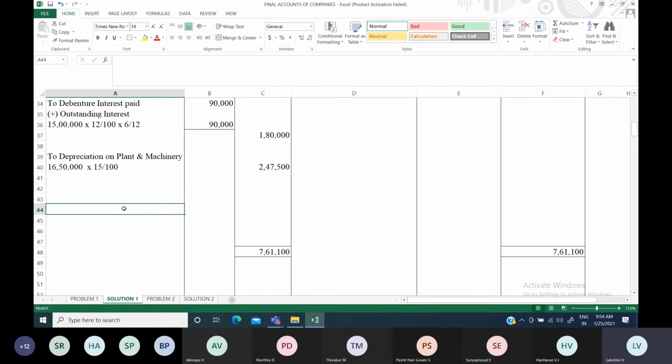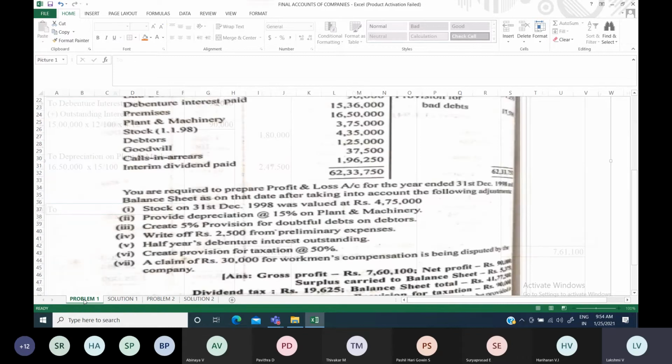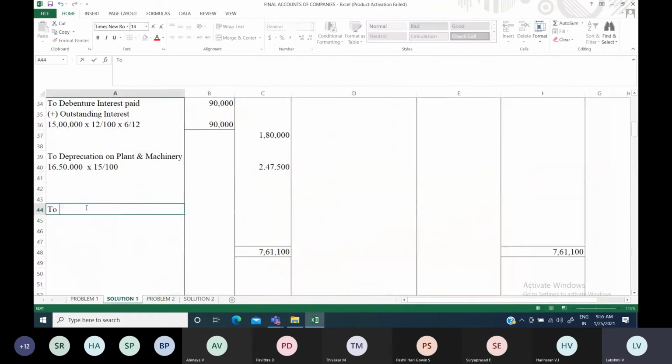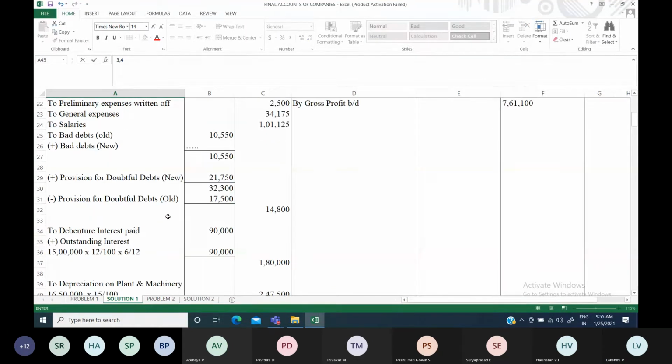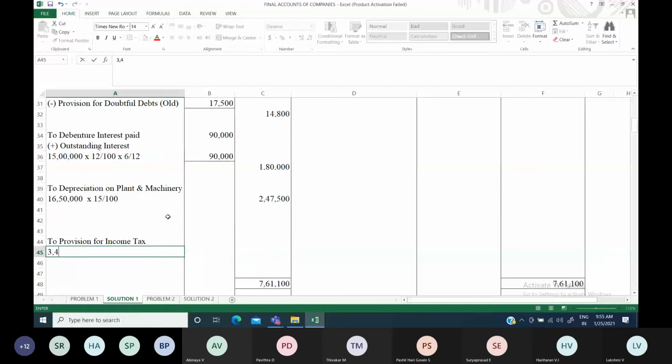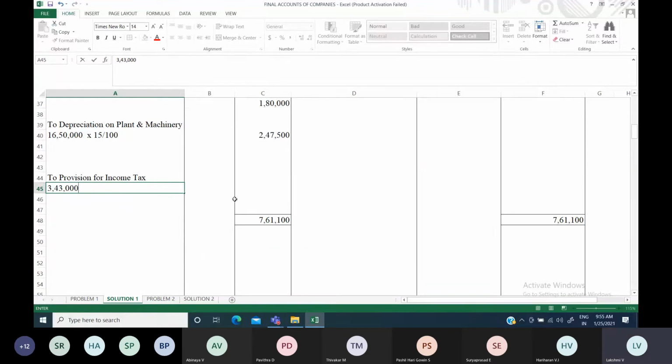From that amount only, 50% we have to calculate for the income tax provision, provision for taxation. So 3,43,000 you are getting? Just find out properly.